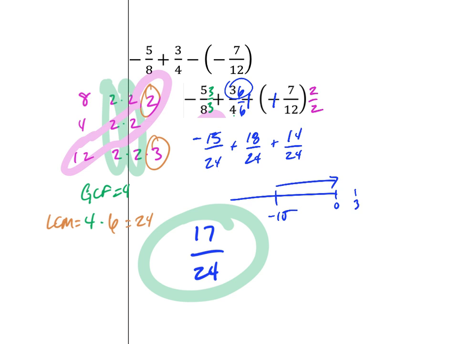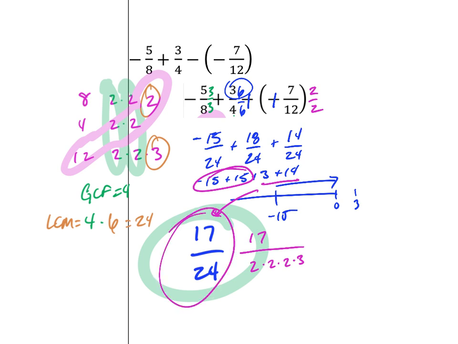What I did was I looked at it and said negative 15 plus 3 plus 14, because that's a 0 pair. So I knew I had 3 plus 14, which gives me 17 24ths. 17 is a prime number. So I got 17 over 2 times 2 times 2 times 3. That's not going to simplify. It's positive. That's my answer.